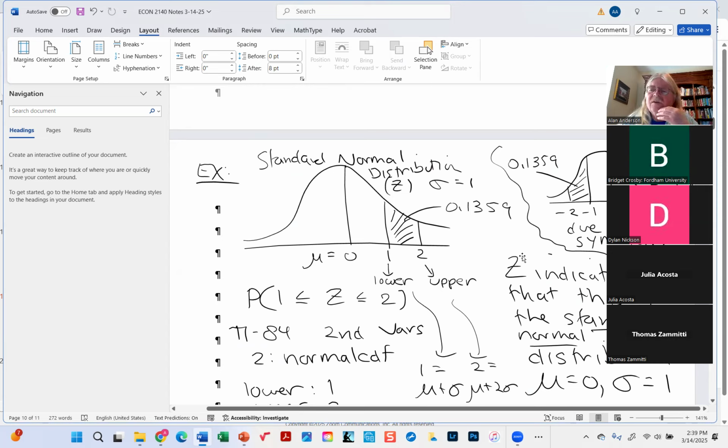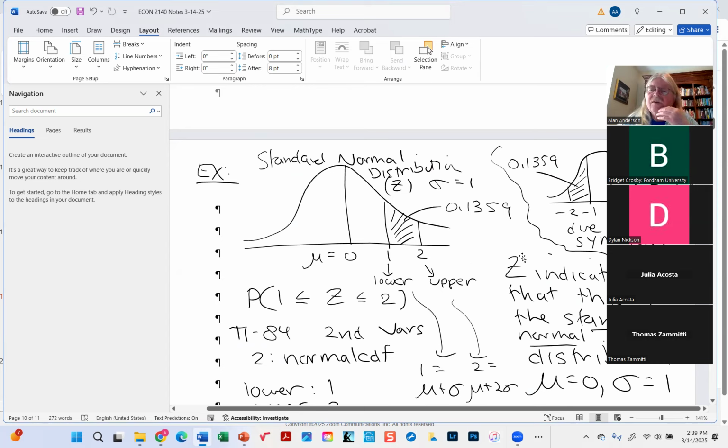So with continuous distributions, we only calculate probabilities based on an interval rather than individual probabilities. So we always have a lower limit to our interval, and we always have an upper limit. And sometimes, as you saw last time, that upper or lower limit might be either positive or negative infinity. So in this case, though, the limits are 1 and 2.